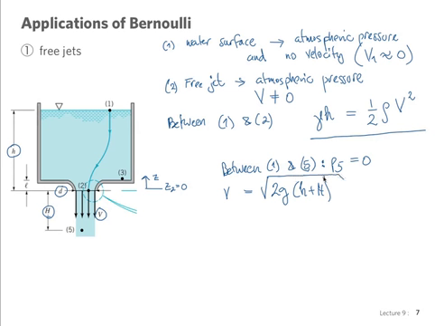It's not too small. Okay. So this is V5. What we're saying is that velocity continues to increase as the jet free falls, just like a free fall in gravity.